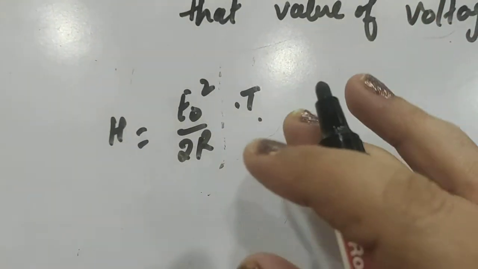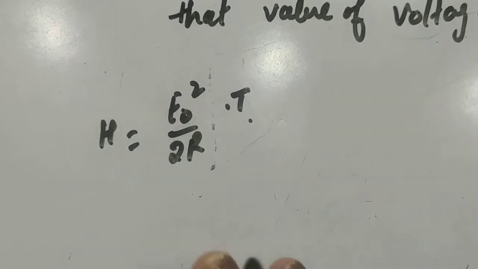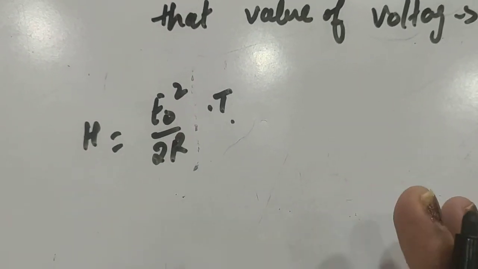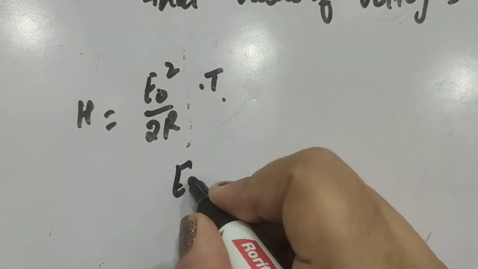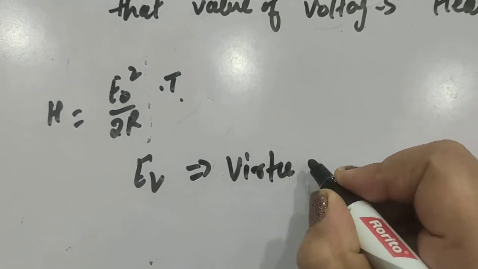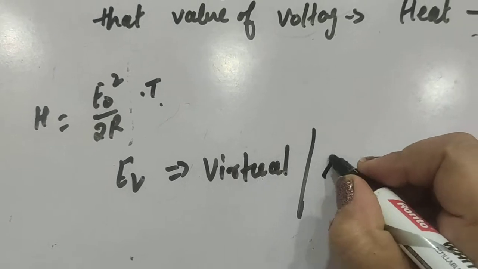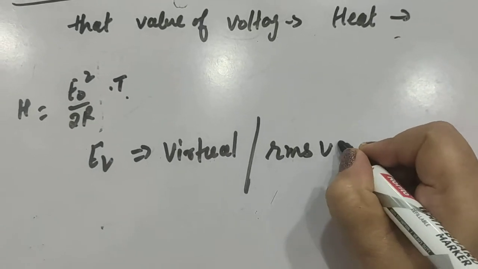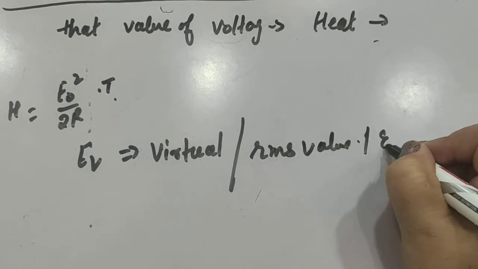Exactly as in the previous topic, where we assumed IV is the virtual value of current, now we assume that EV is the virtual or RMS value of EMF.